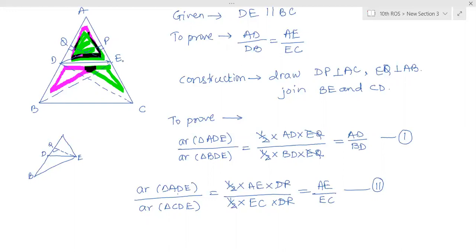Triangles lying on the same base between the same parallels. Triangle BDE and triangle CDE are on the same base DE and between the same parallels, DE parallel to BC. Therefore, their areas are equal.